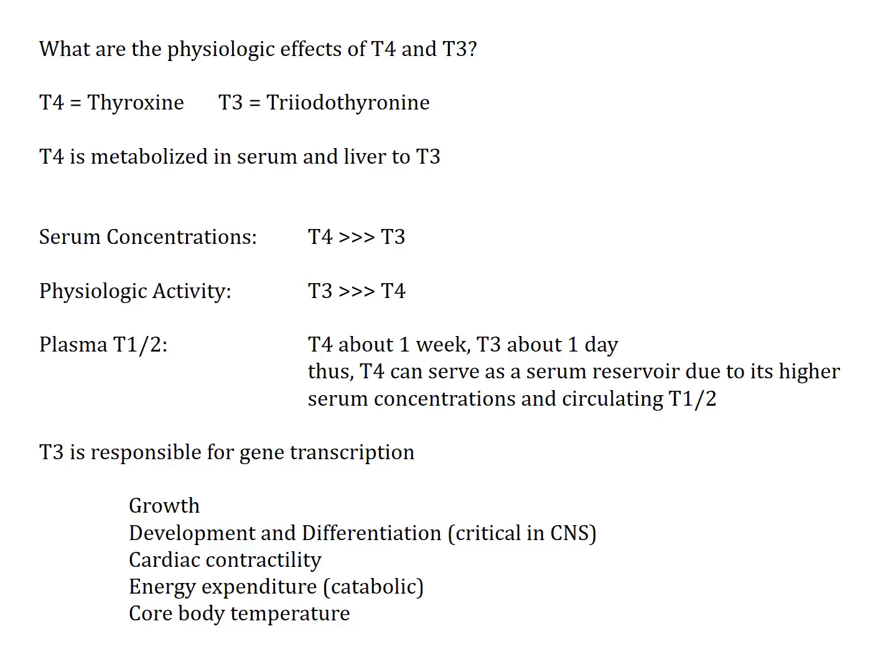We have more T4 than T3. It acts as a reservoir. In order to activate that T4, we have to convert it to T3. T3 then acts on DNA, activating critical genes necessary for these 5 primary physiologic functions: growth, development of the central nervous system, cardiac contractility, energy expenditure, and maintaining core body temperature.